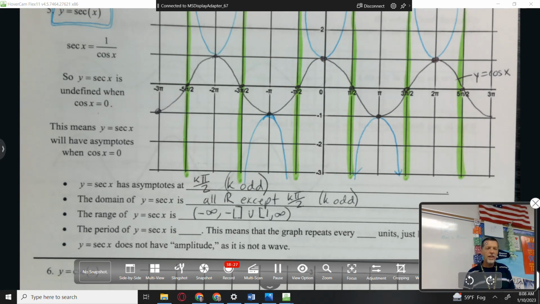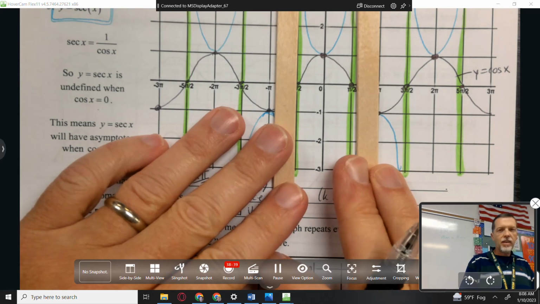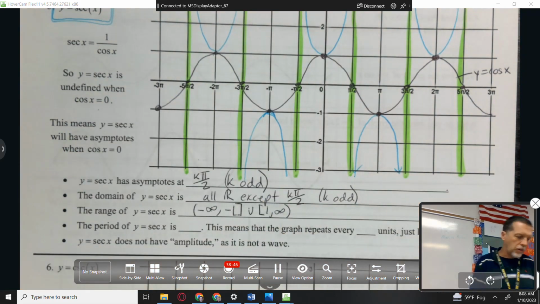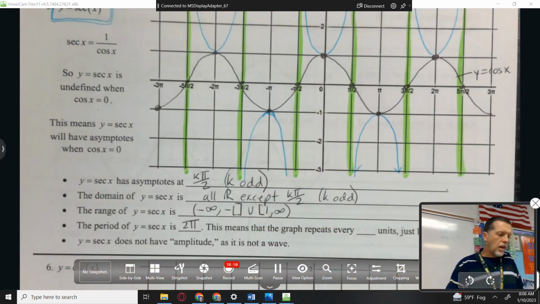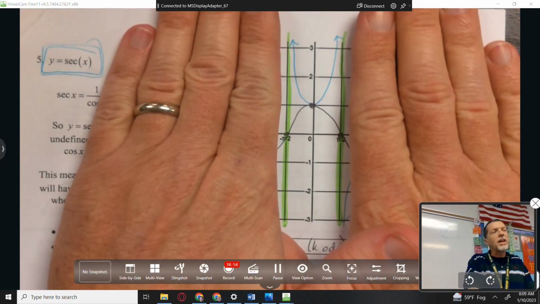The period, how wide of a window do we need to look at to see the whole graph? If you look at a pi window like that, you see one of the u's. But if you want to see both of the u's, you need a 2 pi window. Why do you need to see both of them? Because the period is how wide of a window you need before you can start repeating.